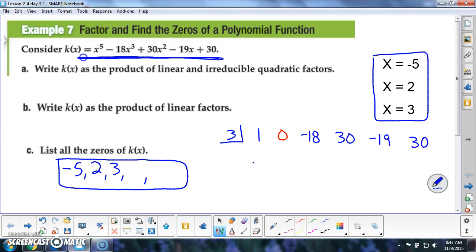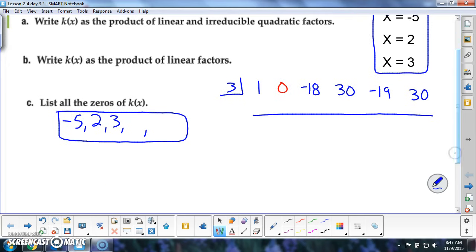And because we know that 3 is a 0, I should get a 0 at the end of this. If I don't, I made a mistake someplace. Sure enough, we get a 0 at the end, so everything's working out.